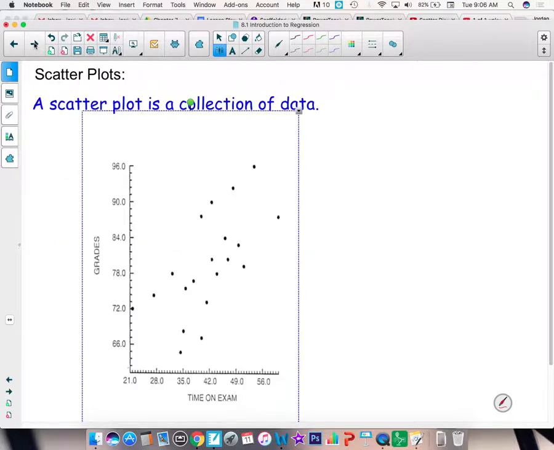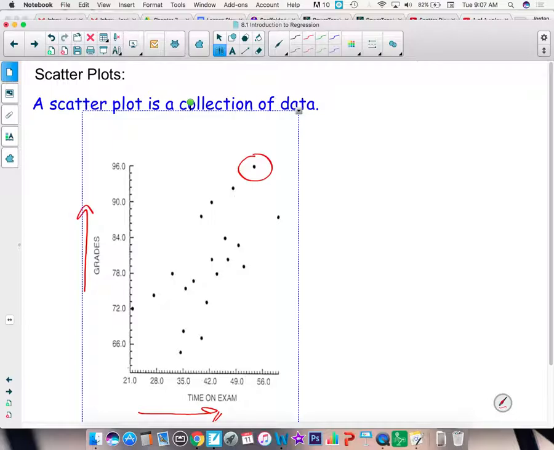So first thing we're looking at here is a scatter plot. You guys have been seeing scatter plots since you were freshmen in high school, maybe even 8th graders. But this is a scatter plot of the time spent on an exam versus the grades you get. So there's a correlation here: if you spend more time on the exam, taking your time looking over everything, you're going to get a higher score on the exam.